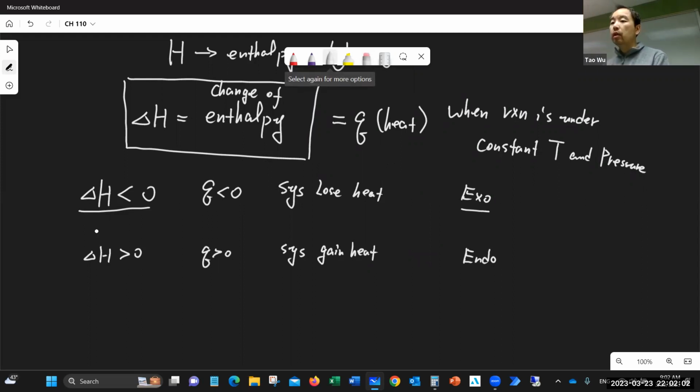So this is the meaning of the sign for delta H. Smaller than 0 means the system loses heat, so that's exo, it will produce or release heat. Larger than 0 is gaining, so we have an endothermic process.